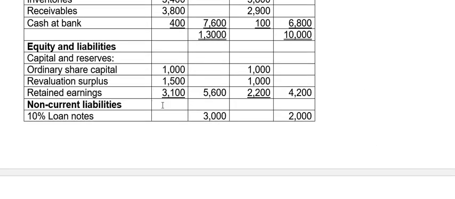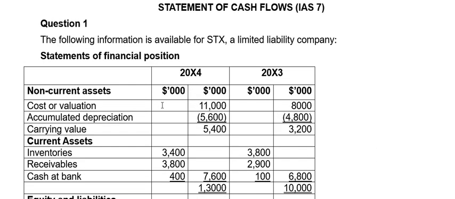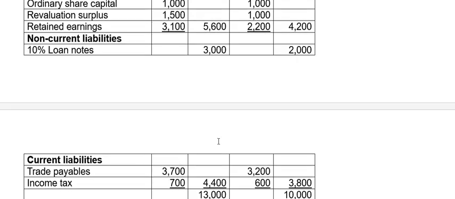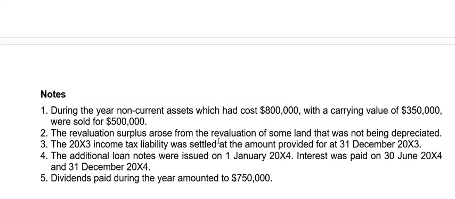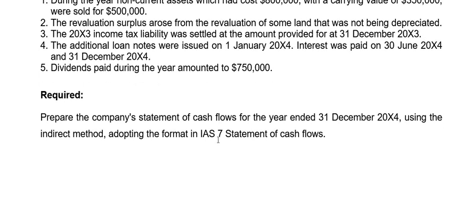So, what is the approach now? Normally, what you have to do, you have to read the requirements of the question, noting the year-end date. The requirements are very clear. We are required to come up with a statement of cash flows for the year ending 31st December 2004 using the indirect method.